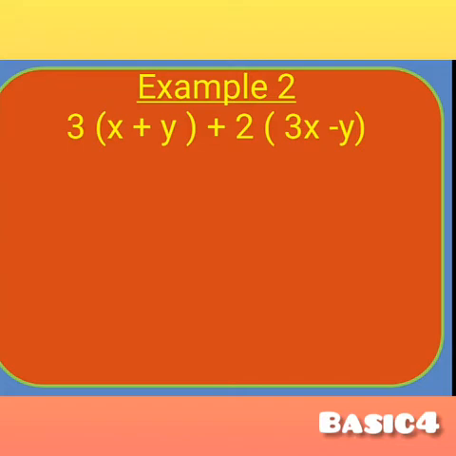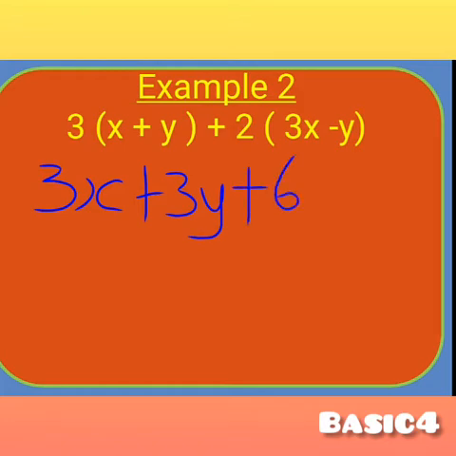We can only open the brackets when we multiply the contents by the constants outside. Let's multiply. 3 times x is 3x. And 3 times y is 3y. 2 times 3x is plus 6x. And 2 times minus y is minus 2y. The same thing is applicable. You bring the like terms together.